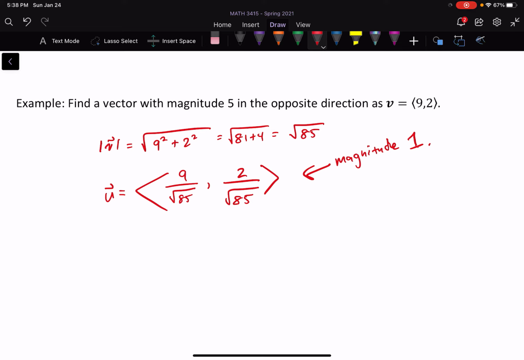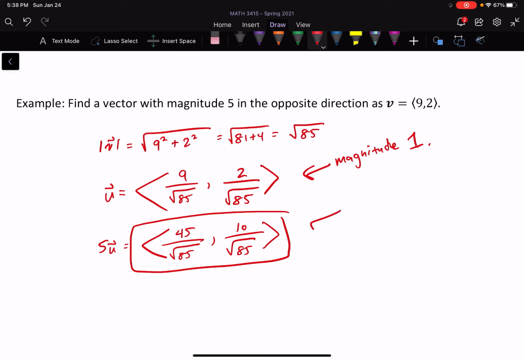And now that it's magnitude 1, I want to multiply the whole thing by 5. So 5u, 5 times 9 is 45. So 45 over square root of 85, and then 10 over square root of 85. And that's our answer, because that has magnitude, I'm sorry, magnitude 5.